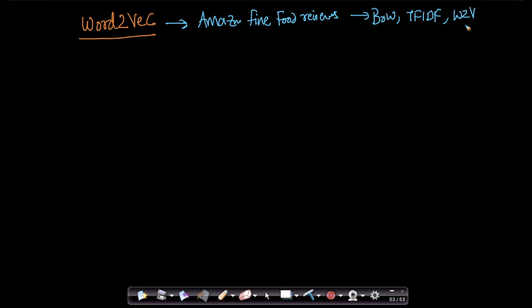When we discussed this, I just gave you an intuitive understanding of what Word2Vec is. Basically, given a word, it returns you a vector, such that these vectors are semantically similar for similar words, right?